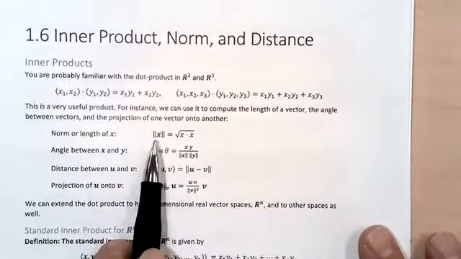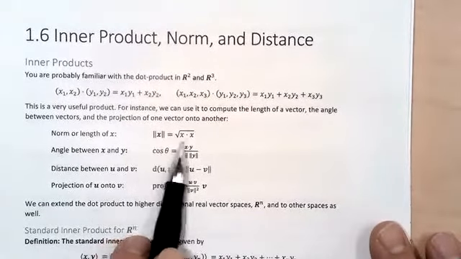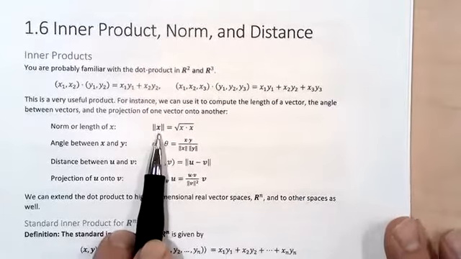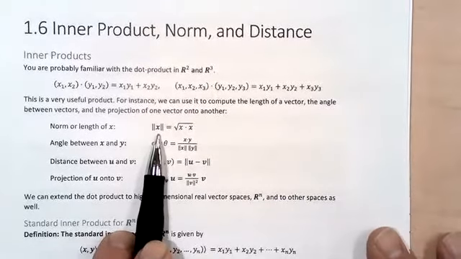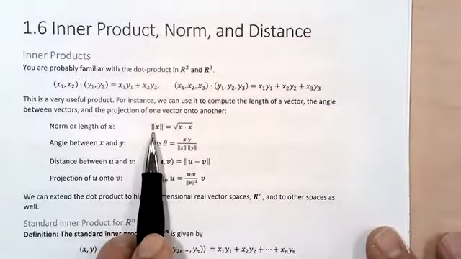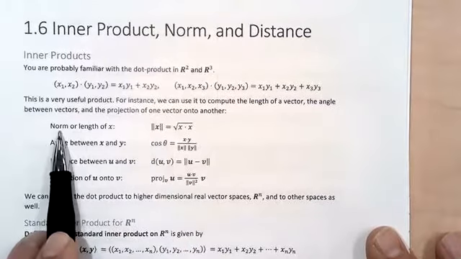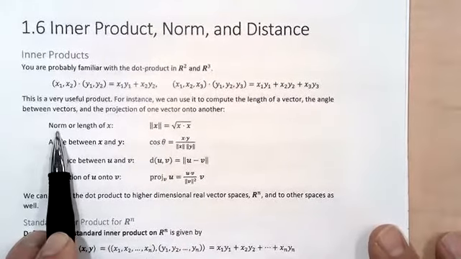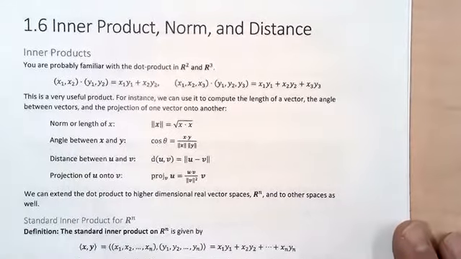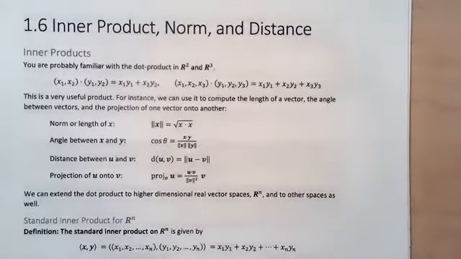We can talk about the length of a vector. Now, you might not have seen it in this formula, but you probably did this anyway. First of all, if you put double bars around it, we call that the norm of the vector. Sometimes people don't use that language until they take a course in linear algebra. Some courses just call it length, but that's what we mean, is the length.